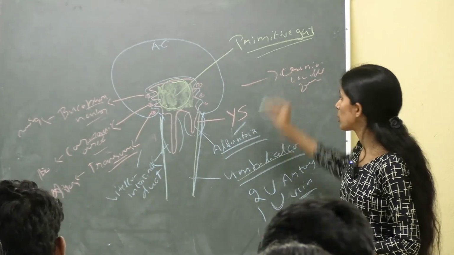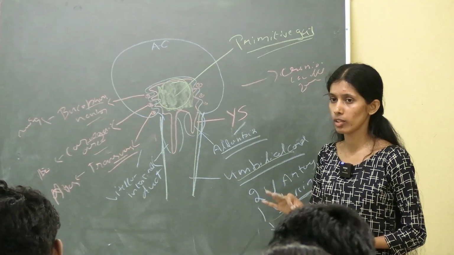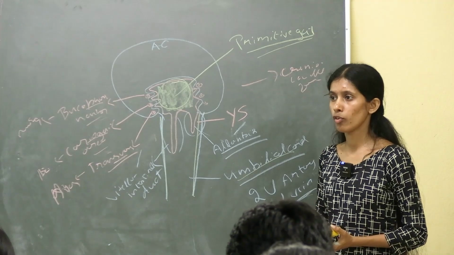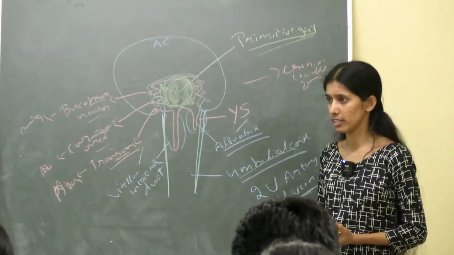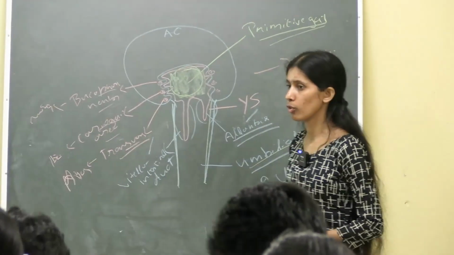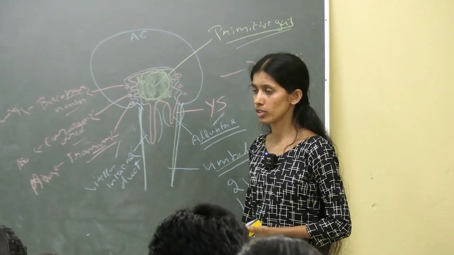Okay. From the primitive gut, we have again three parts. What are those? Foregut, midgut and hindgut. Heard of it, right? So how do we divide the foregut, midgut and hindgut? Proximal, distal.